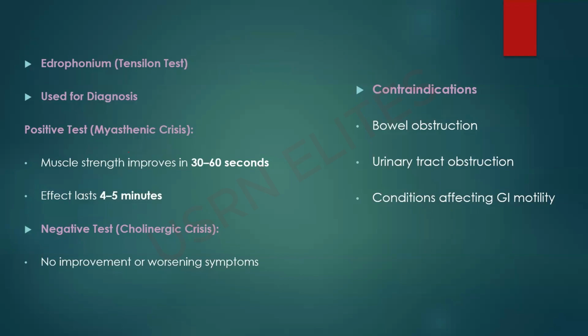Come again with your question. The anticholinergics, the atropines, and those drugs. These are the contraindications: bowel obstruction, urinary tract obstruction, and all that. But I'm confused that this is also contraindicated in this drug too.